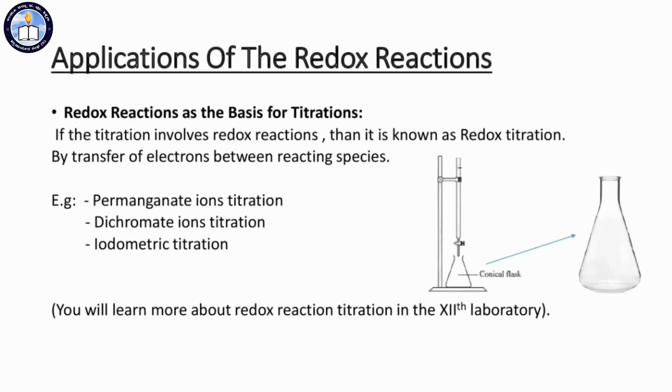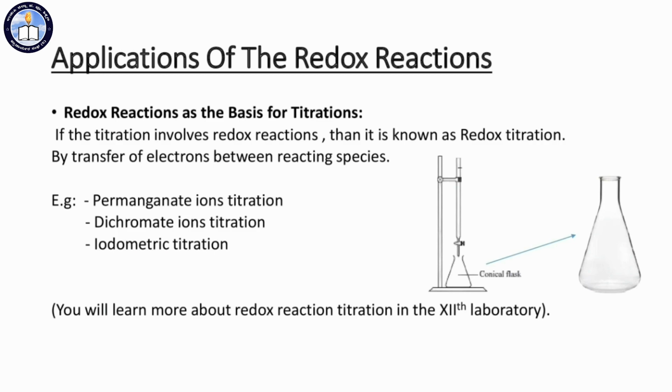Same thing applies in the case of redox reaction also. If in this titration both oxidation and reduction are taking place, then it is known as redox titration. If you want to find out the concentration of iron in the ferrous ammonium sulfate solution, then we can use potassium permanganate titration.